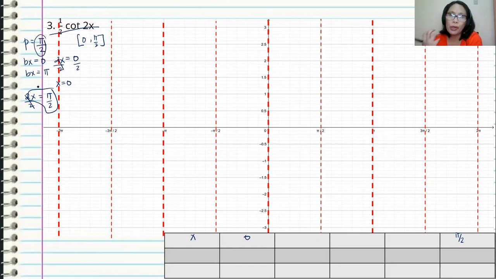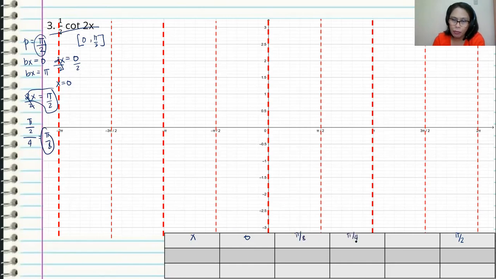So we know what value we are going to add from the lower limit of the interval until we reach the upper limit, and we will be able to provide some middle x values here to sketch the graph of this function. So basically, we will divide the period pi over 2 by 4. So we have to add pi over 8 cumulatively from 0 until we reach pi over 2. So this is 0 plus pi over 8. We have pi over 8. Pi over 8 plus pi over 8.